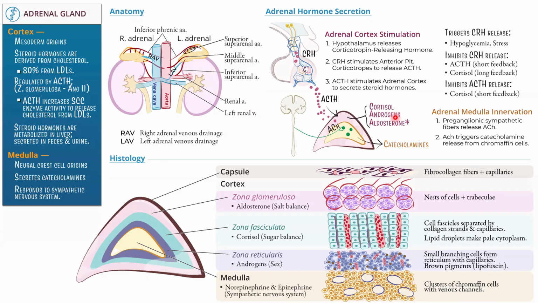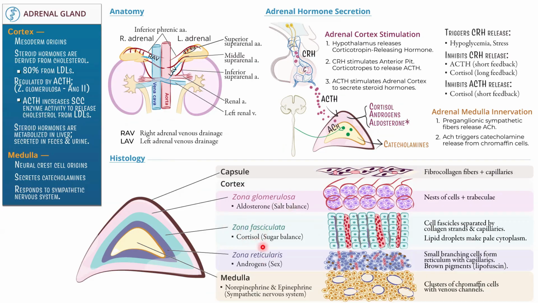But the whole point is we need to appreciate the histological aspect. So as you can see, it has a capsule, then the cortex has zona glomerulosa, fasciculata, and reticularis. Glomerulosa produces aldosterone that enables salt balance.